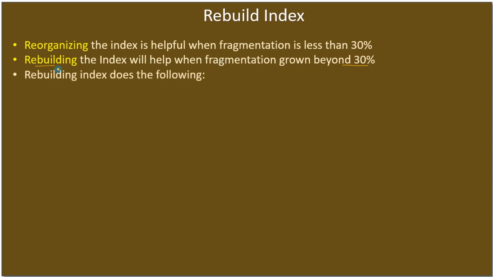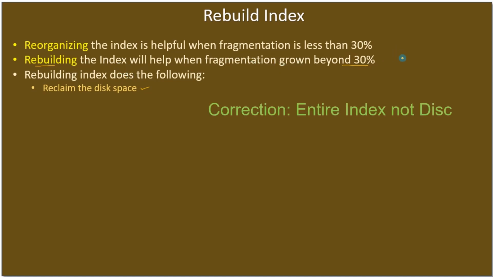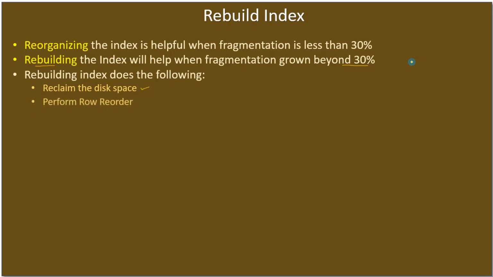But rebuilding is the costlier operation, and rebuilding the index does the following. It reclaims the disk space because it is going to rebuild the entire index. So if there is any multiple page span, that will be reduced, and thereby you will get some disk space gain. And it will also perform row reorder.